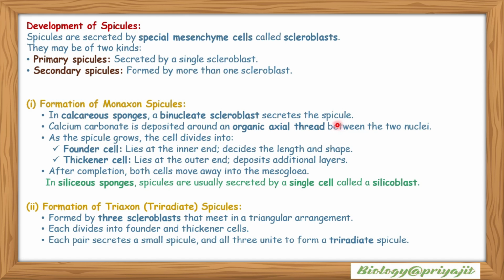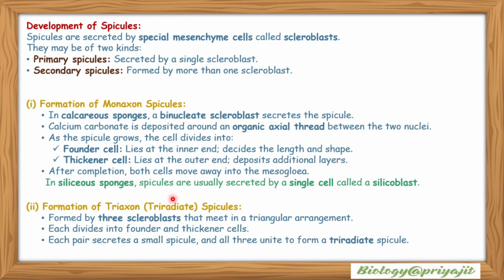Calcium carbonate is deposited around an organic axial thread between the two nuclei. As the spicule grows, the cell divides into founder cell and thickener cell. The founder cell is located at the inner end and decides the length and shape of the spicule. The thickener cell lies at the outer end and deposits additional layers. After completion, both cells move away into the mesoglea.